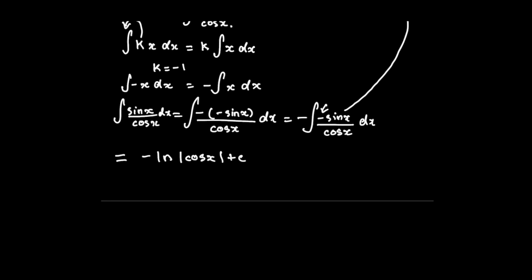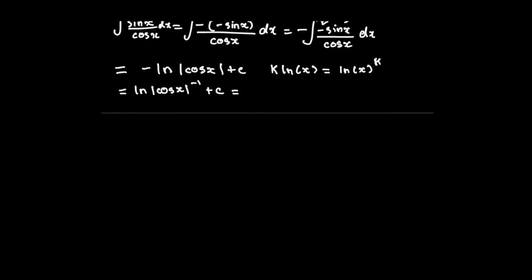But we don't have to leave this here because you can take this one step further. While learning logarithms for the first time, you probably learned that a constant over here can be written as power k. So likewise, we can write this as ln of (cos x) to the power -1 plus c. You have probably learned inverse trigonometric functions where 1 by cos x is equal to secant x.